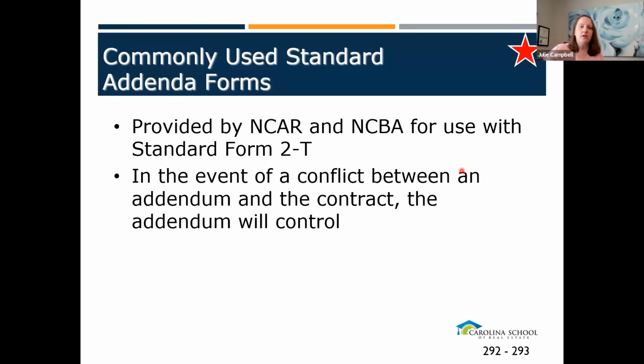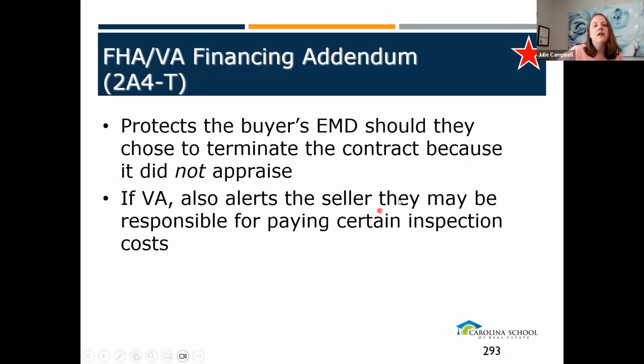So again, having a basic understanding of what these addenda do, maybe a test question. So the first one we're going to look at or discuss is the FHA VA financing addenda. Now we'll talk a little bit more about this when we get to our financing units. But this is the form we're going to use if your buyer is getting an FHA or a VA loan. And this form pretty much does two things.